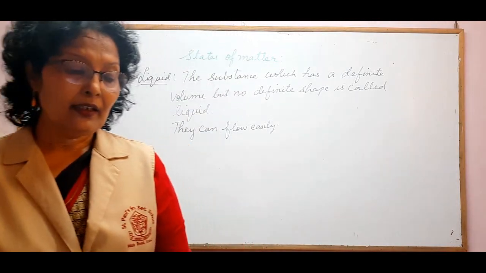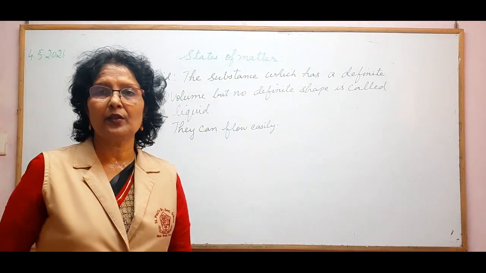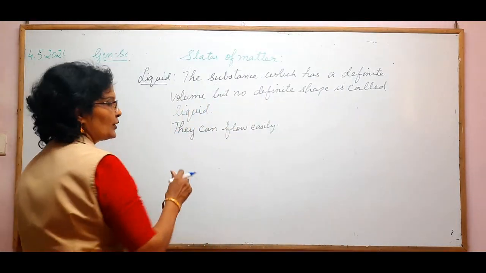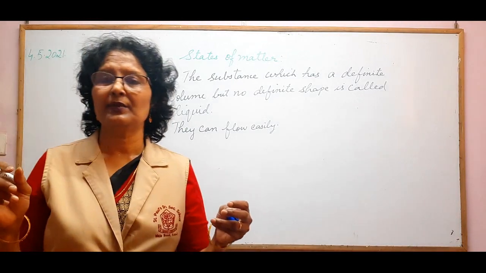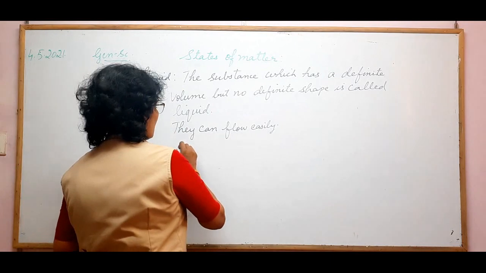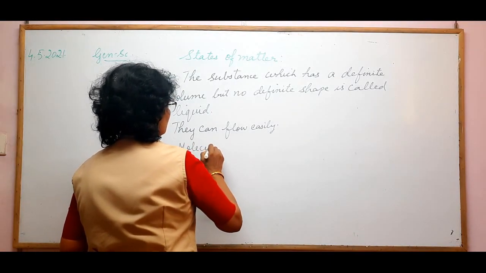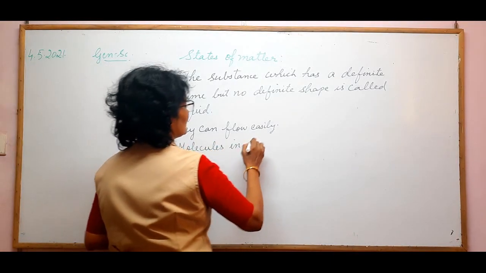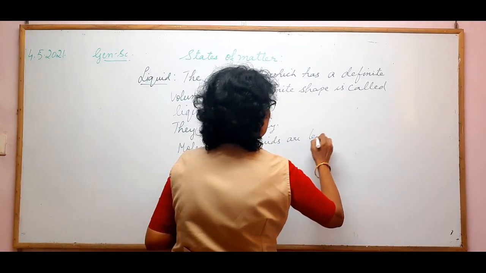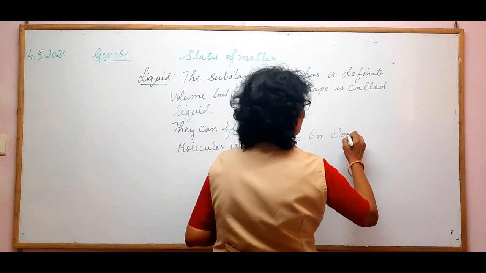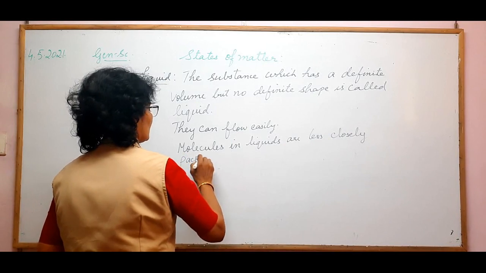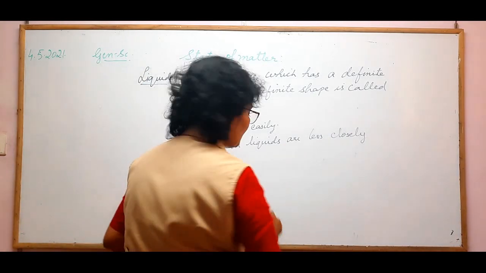Okay. Then in liquids, the molecules are less closely packed. Now what happens in liquid? Solid, I showed you the molecular arrangement; in liquid, it is less closely packed. We can say molecules in liquids are less closely packed.